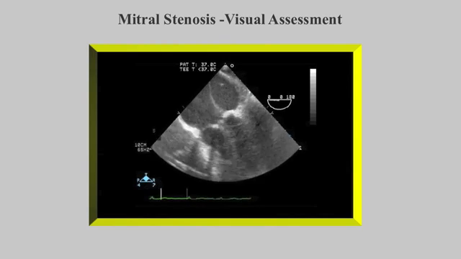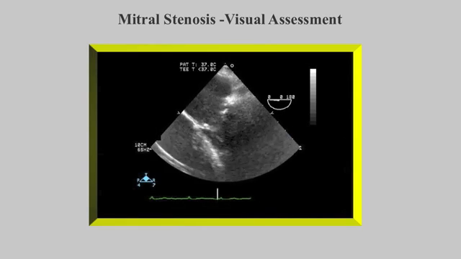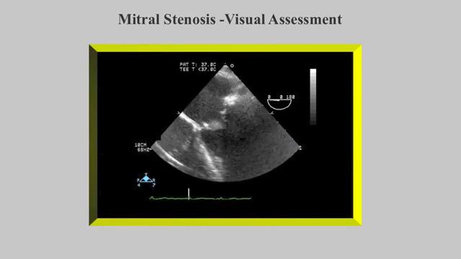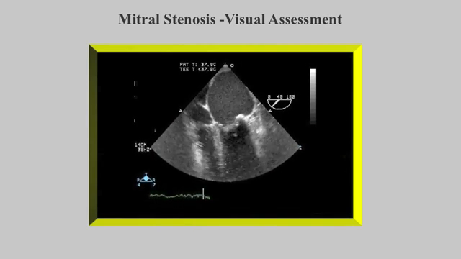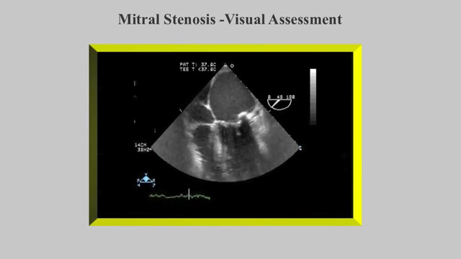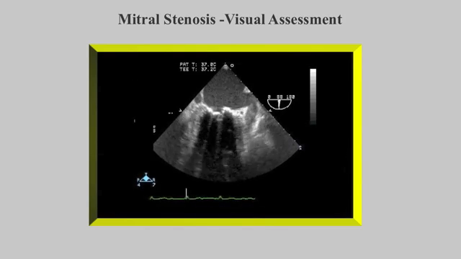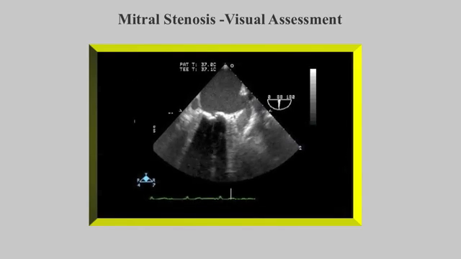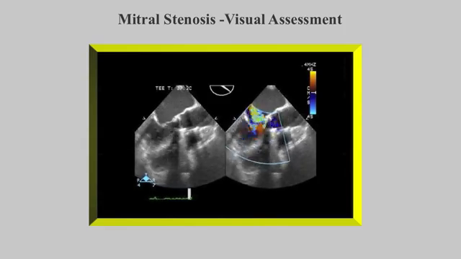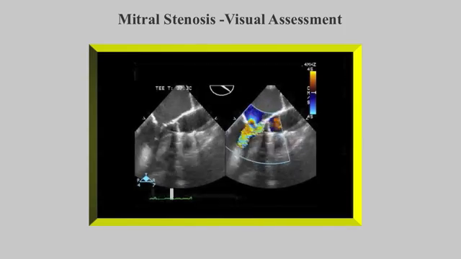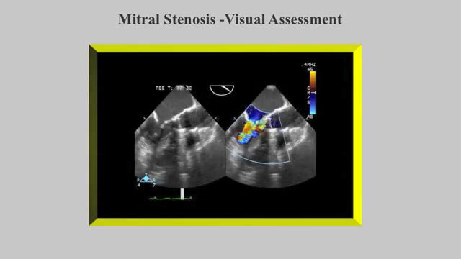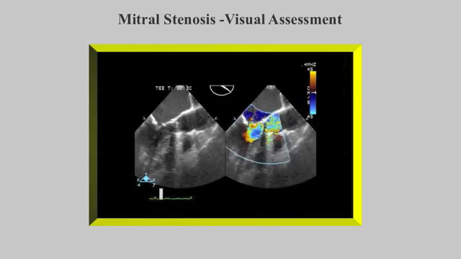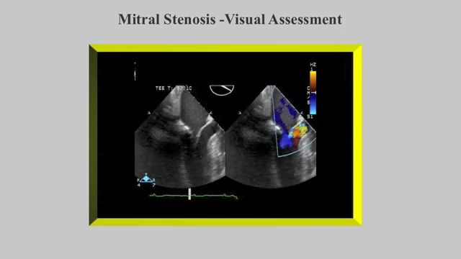This series of images demonstrates another case of mitral stenosis. First, we see thickened and poorly mobile leaflets with a large left atrium. Next, we see a hemisphere of flow acceleration on the left atrial side of the mitral annulus in diastole, and turbulent transmitral flow, also suspicious for mitral stenosis.